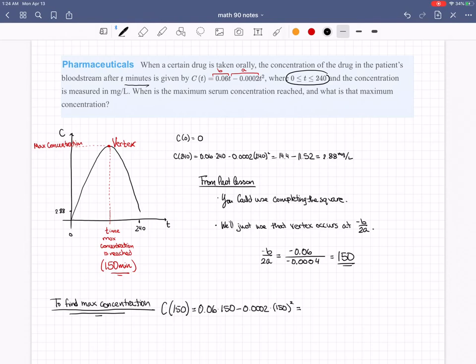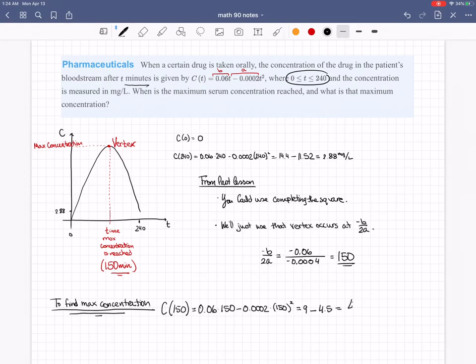So let's punch that in here very quickly. We have 0.06 times 150, which is 9, minus 0.0002 times 150 squared, which is 4.5.